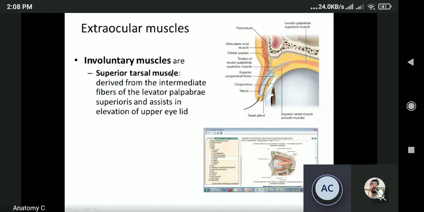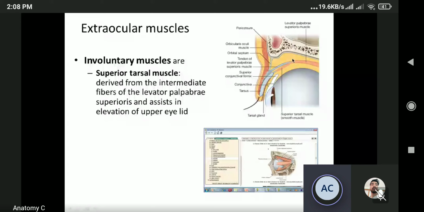It assists in elevation of the upper eyelid, as levator palpebrae superioris helps to elevate the upper eyelid. As the superior tarsal comes from the same fibers of levator palpebrae, it also assists in the elevation of the upper eyelid.